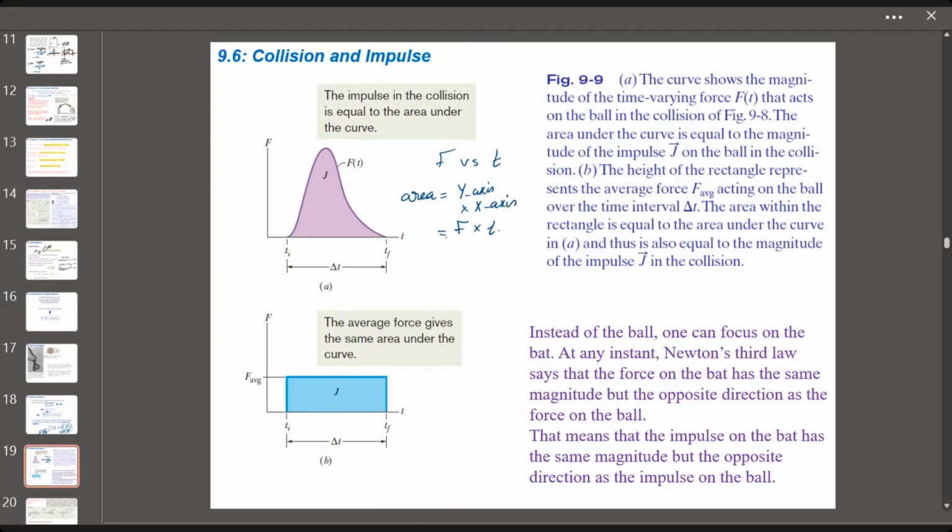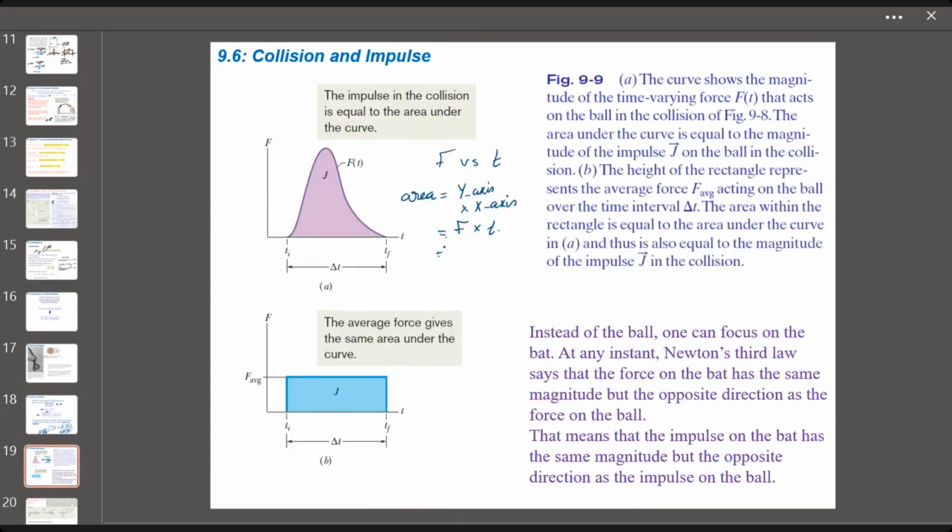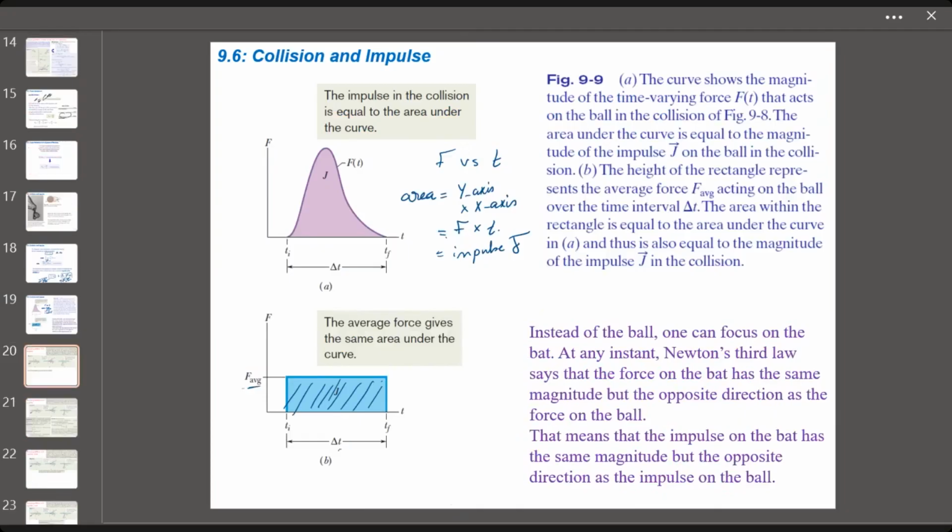F times t, see from the previous slide, F times t is none other than the impulse J. This is the impulse. So I can look at the area. Now here my graph is not very helpful to find the area, but in certain cases I can have, let's say, the average force acting versus time, then the area is easier to find. I can calculate that and say this is the impulse J.